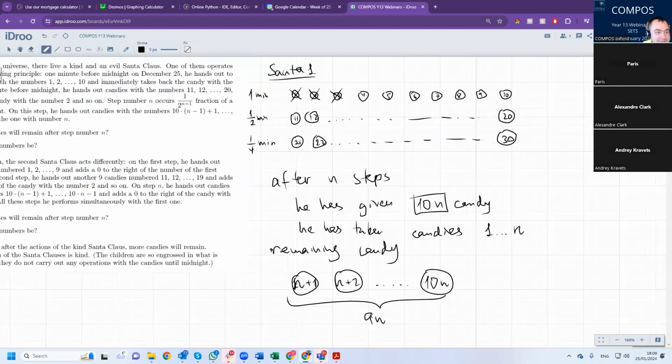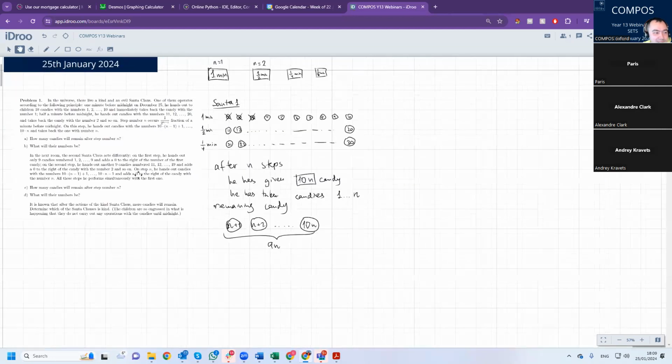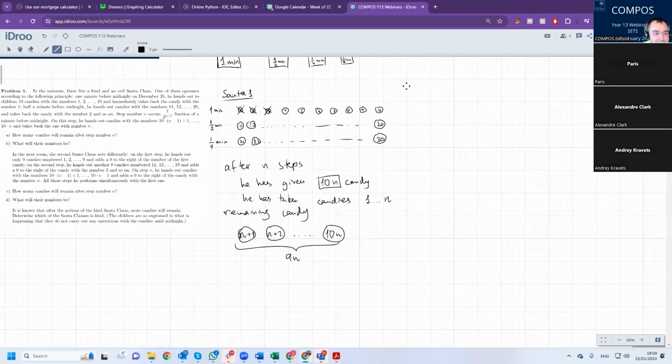Santa number 2 does it differently. Santa 2 gives out candy from 1 to 9, 1 minute before midnight: candy 1, 2, 3, 4, 5, 6, 7, 8, 9.